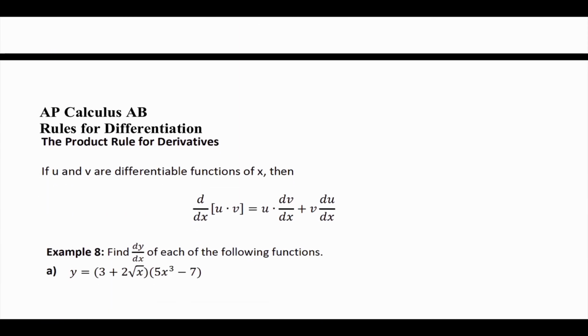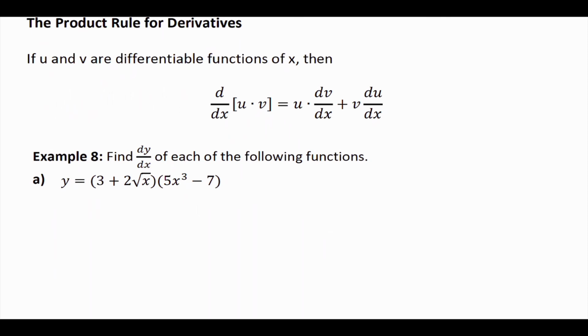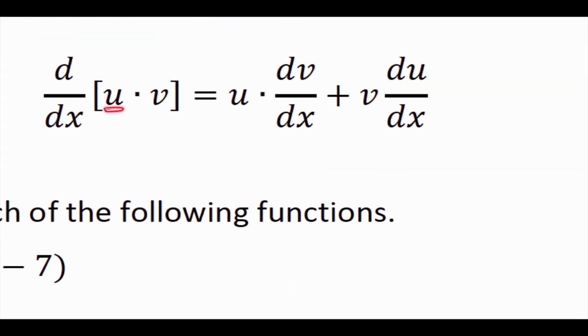All right, so now I'm going to give you another rule. This one is called the product rule. So now we're going to get into multiplying things. When I have two functions being multiplied together, I can use what's called the product rule, right? One function is called u, one function is called v. So here is the setup. If I have two separate things being multiplied together, how do I find the derivative?